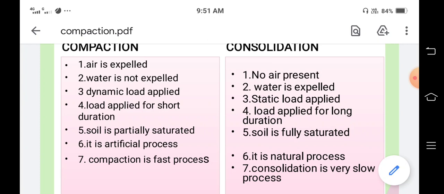It is unit number 3 in foundation engineering, that is the consolidation settlement. So now we are focusing on compaction, because our syllabus is concerned with compaction only. So we have seen the difference between compaction and consolidation.